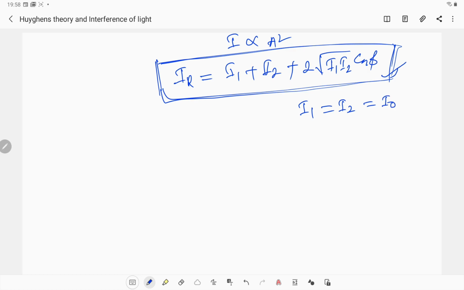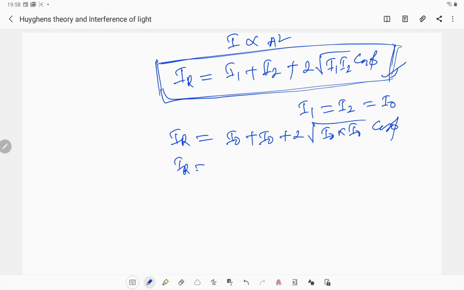If the intensity is the same, what is the formula for resultant intensity? That is IR equals I1, which is I0, plus I2, also I0, plus 2 into square root of I0 into I0, into cos phi. So IR is equal to I0 plus I0 plus 2 I0 cos phi.